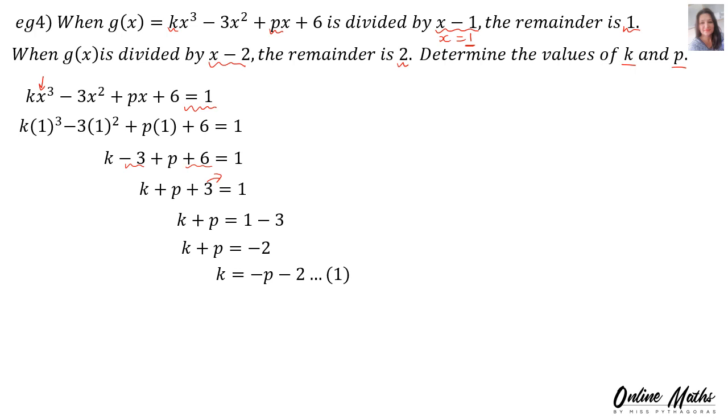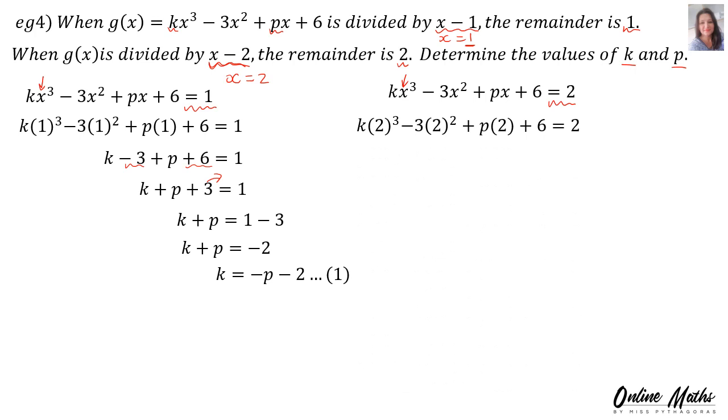Back to the given part. When g of x is divided by x minus 2, the remainder is 2. And that is what's going to form your second equation. So now you will take g of x, and here you will equate it to 2 because the remainder is 2. Now what to substitute into x's place? You go to x minus 2, therefore x is equal to 2. And everywhere where you see an x, you will substitute 2.